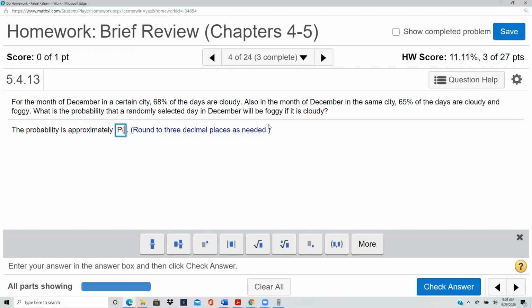But I don't see the word given here. Is it present in some other form? Is there a word which means pretty much the same thing as given? You should look for it in the question part of the problem.